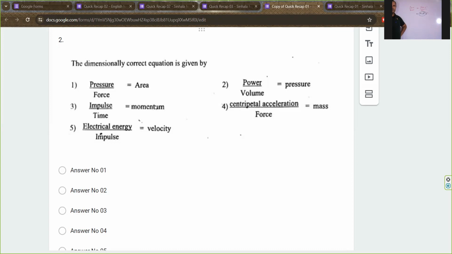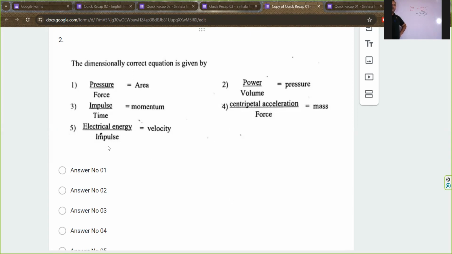Then centripetal acceleration: it is an acceleration, and force is equal to mass into acceleration. Therefore, acceleration is not equal to force into mass. That is wrong. Therefore, the correct answer would be answer number 5.